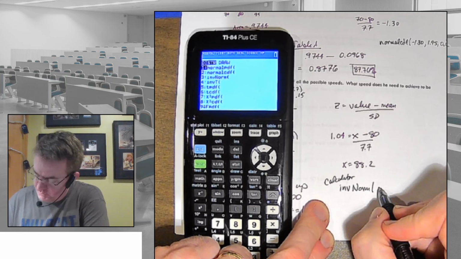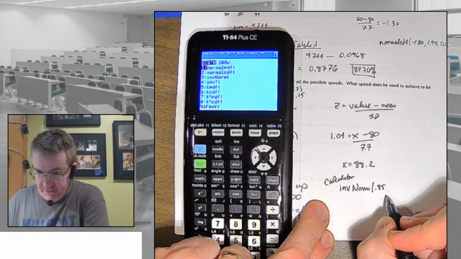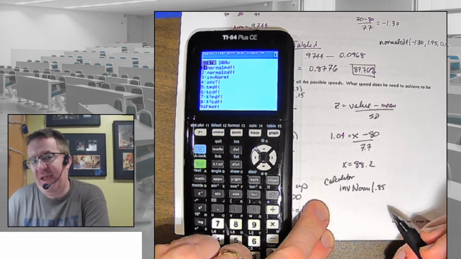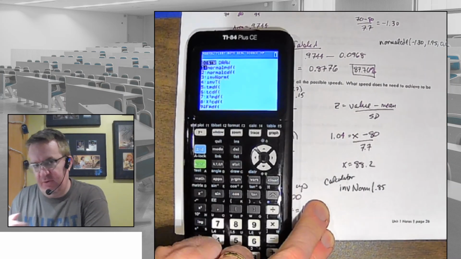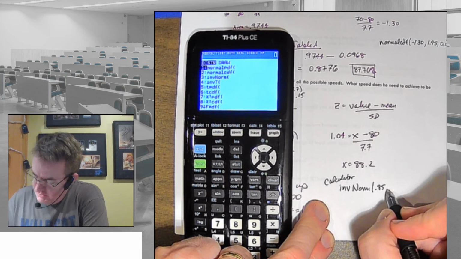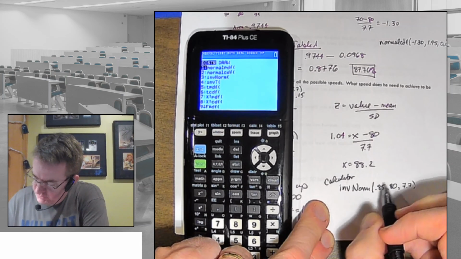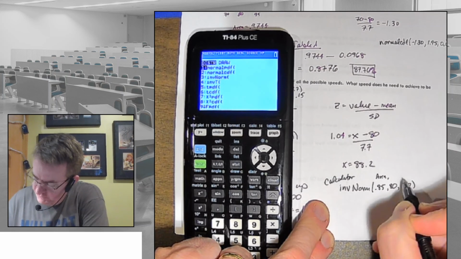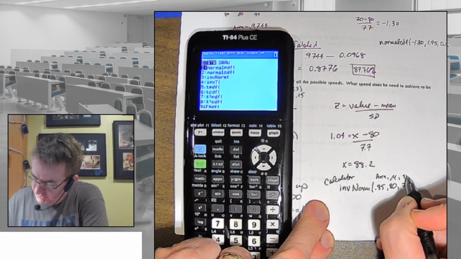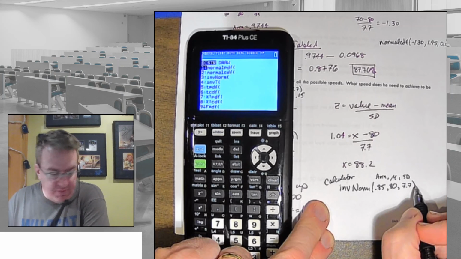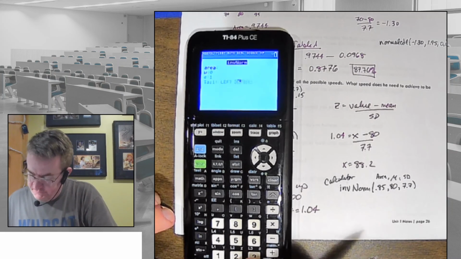And then you're going to put down what you want. I want 85%. And this one you have to do the area to the left. Okay. And then you're going to put in your mean and your standard deviation. So this is area, this is mean, this is standard deviation. And then if I hit all of those, what do we get?